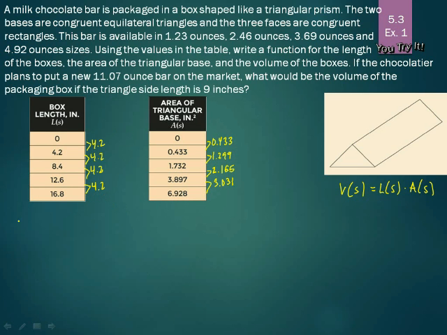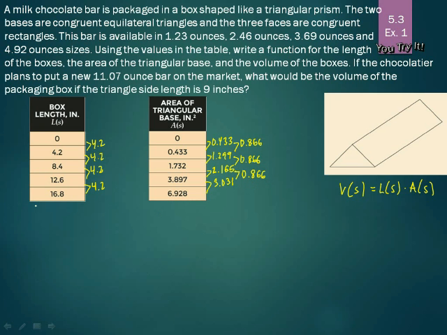So this will be a linear function. On A of S, we did not get a common first difference, so we will have to find the second difference. When we subtract from the bottom to the top each pair, we do get 0.866, so this will be a quadratic.